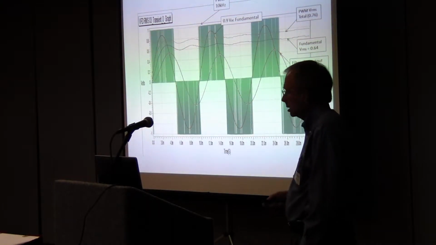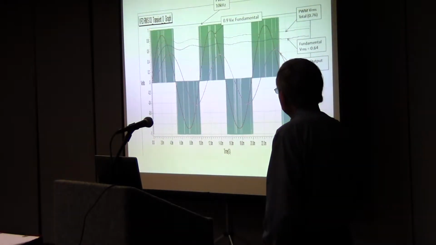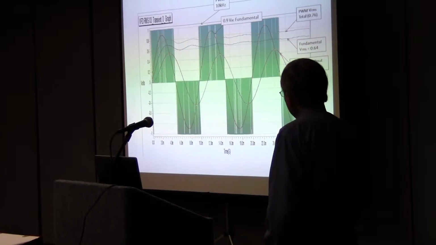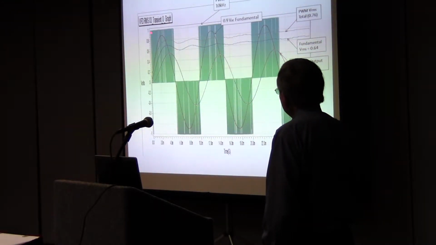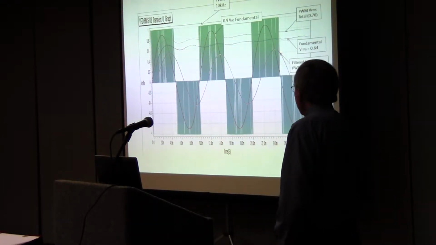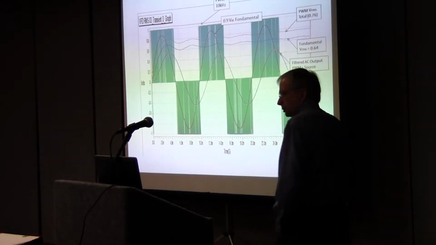This is a pretty busy chart, but these green areas here are the PWM carrier frequency. So this part is modulated to create the positive part of an AC sine wave. This negative part here is modulated to create the negative part. And we actually put this together using SPICE.